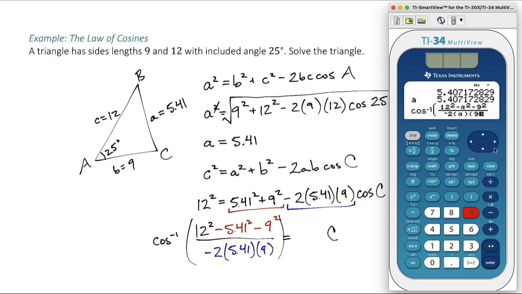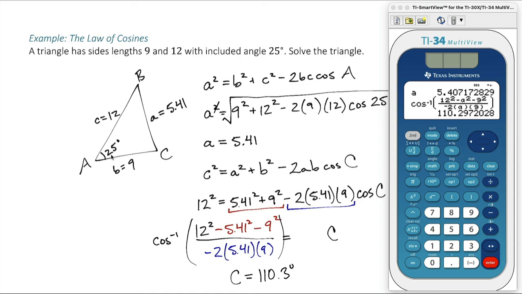Okay, and so we hit enter, and that tells us our angle C. I'll just do one decimal place for the angles. 110.3 degrees. Okay, now I have angle C.